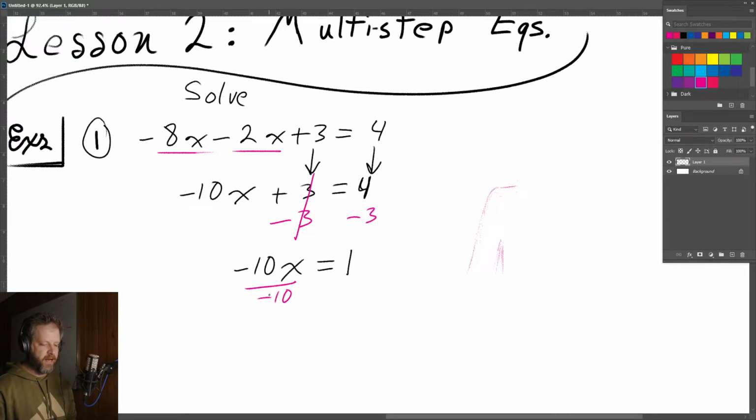I haven't finished that intermediate step yet, because there's something I haven't done before I can keep going. Divide 1 by negative 10. Yeah, I got to divide on this other side. So now x equals what? No, not negative 10. But negative 0.1 or just negative 1/10, right? Either way you want to write it.